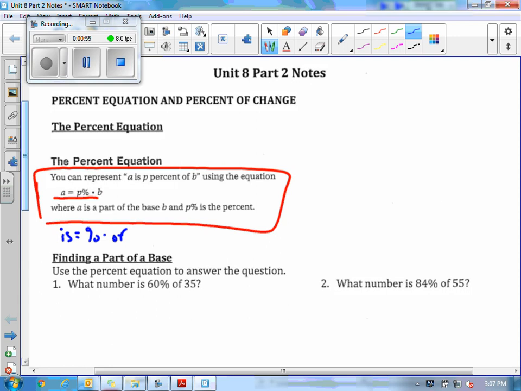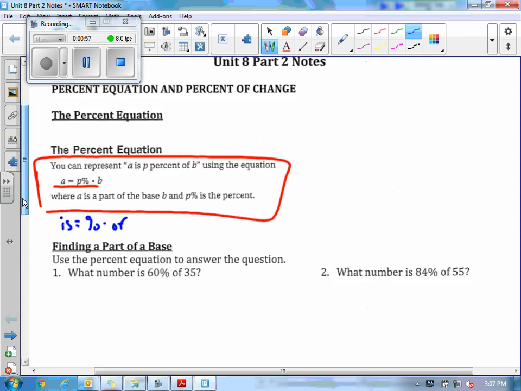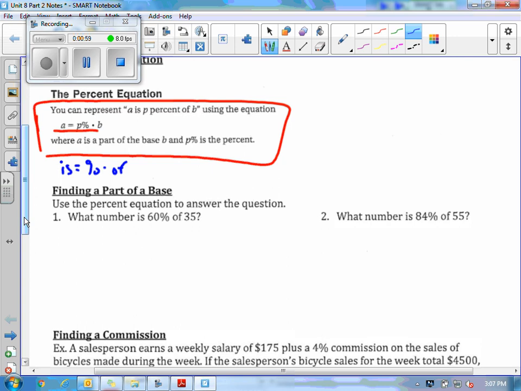So let's look at a couple examples. The first thing we're going to do is find a part of a base. It says use the percent equation to answer the question. Number one is what number is 60% of 35? Again, we have our keywords. It's always going to be is equals percent times of.